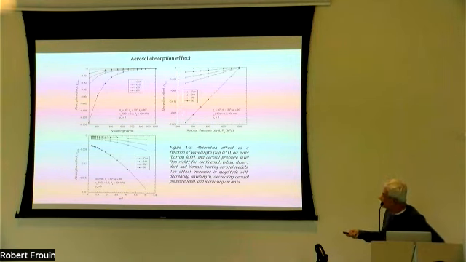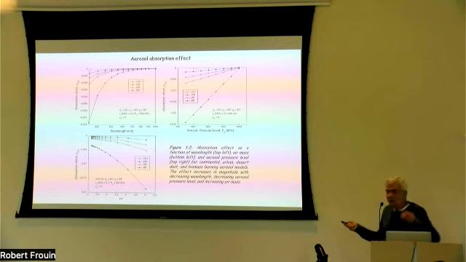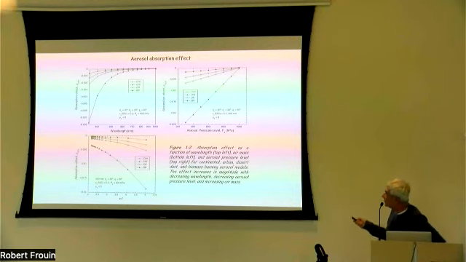And here is the effect as a function of air mass. Of course, air mass, you know what this is. This is just 1 over cosine theta s plus 1 over cosine theta v, basically. Okay, so you have, of course, a strong effect of air mass here. So these are the basic dependencies of this effect on the important parameters.